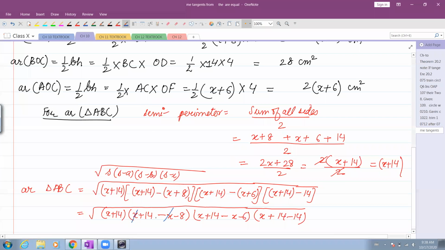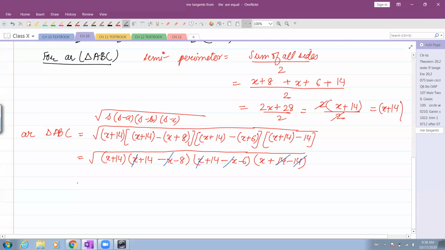Cancelling terms, x gets cancelled in this bracket, in this bracket, in the last bracket 14 gets cancelled. So we get square root x plus 14 into 6 into 8 into x. So this is 48x into x plus 14 under the root centimeter square.